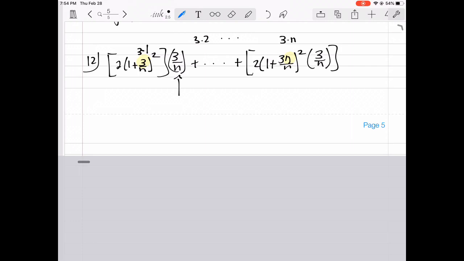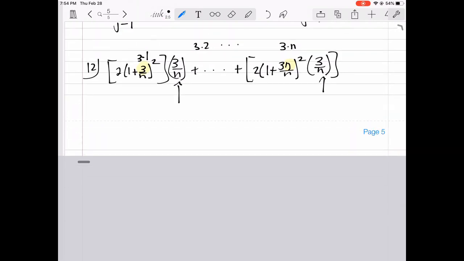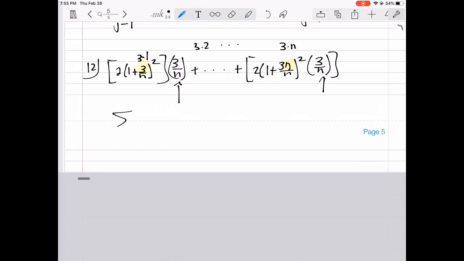And notice all of them have that 3 over n, so that means that 3 over n is just being multiplied on every single term of the sum. So this is the sum, sigma, and we can use j as the index, from j equals 1 all the way to n. And we notice that the 3 over n, we can factor it out.